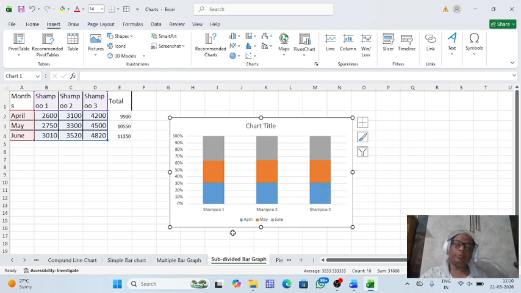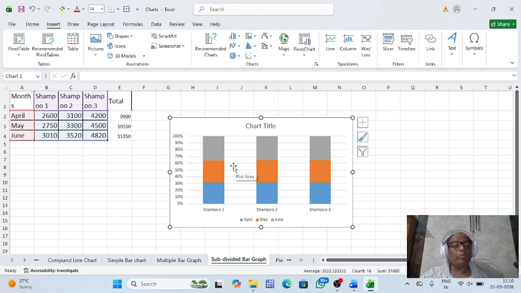See, for example sample 1, around 30% of sales have been made in the month of April, and around 32% of sales in the month of May, and the rest, around 38%, in the month of June.